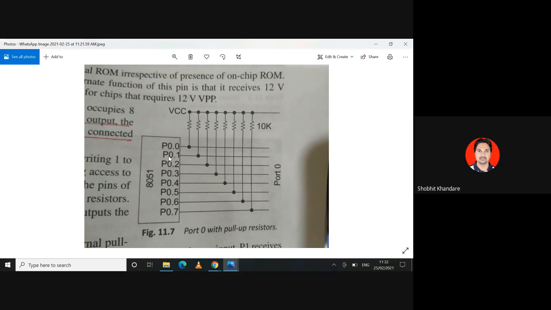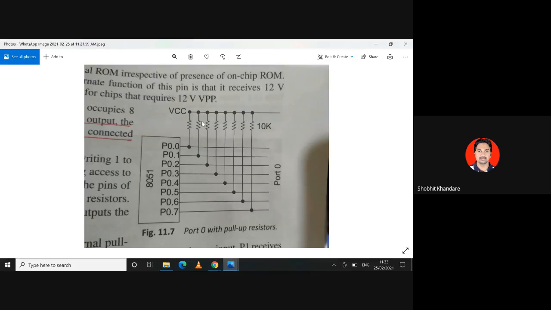And other than port 0, the other ports, that is port 1, port 2 and port 3, have internal pull-up registers. They are inside the chip. So for them there is no need to connect external registers. Open drain means that because of the higher current rating, how do you limit or resist it?